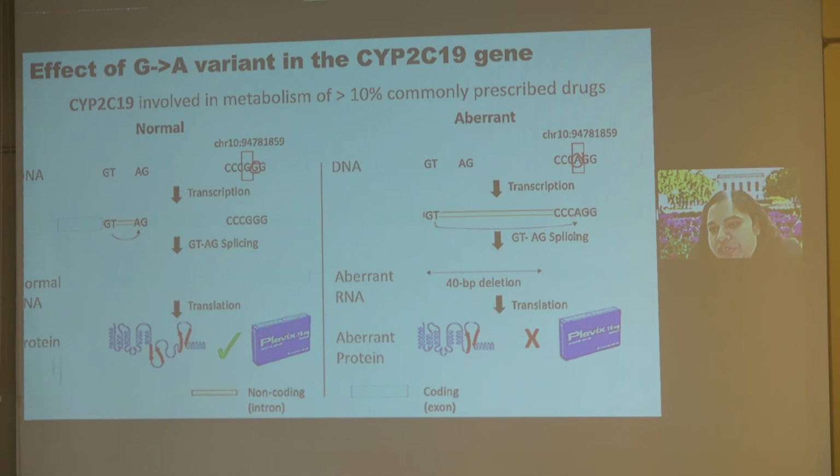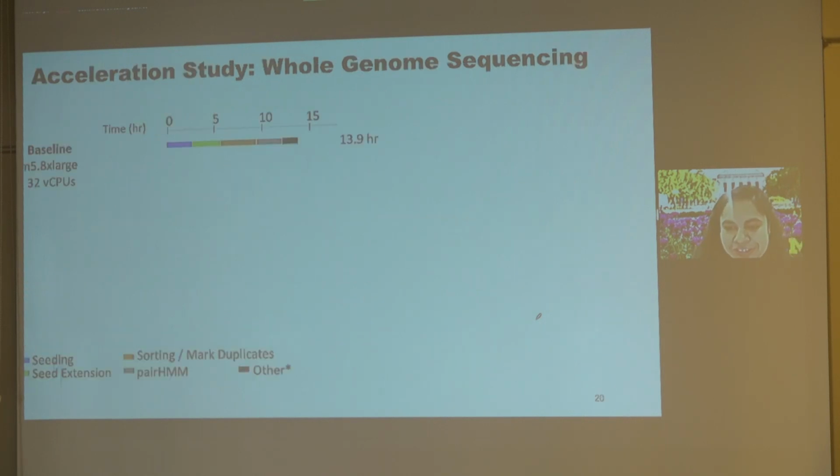On the right-hand side, because of this aberration, we are going to splice out a much longer region of the genome, and when the RNA is formed, it actually has a 40 base pair deletion, and therefore it is an aberrant protein which cannot metabolize this drug. So even a few percent or a fraction of a percent difference in the errors can make a pretty big difference. So we should be careful about that when we build our accelerators.